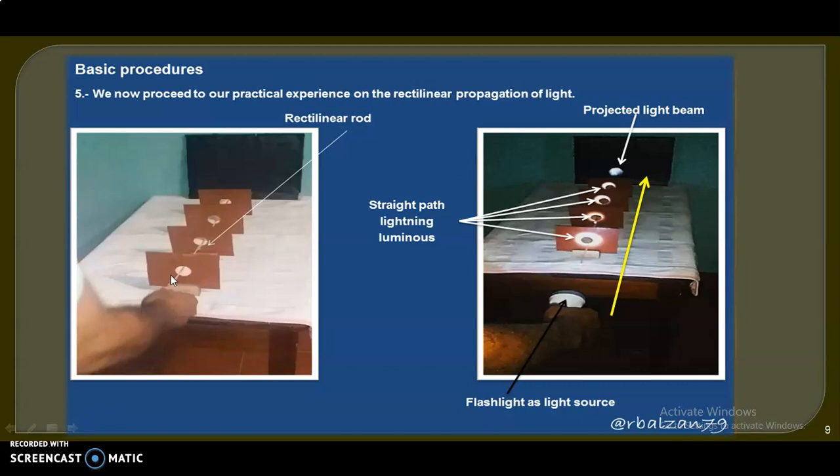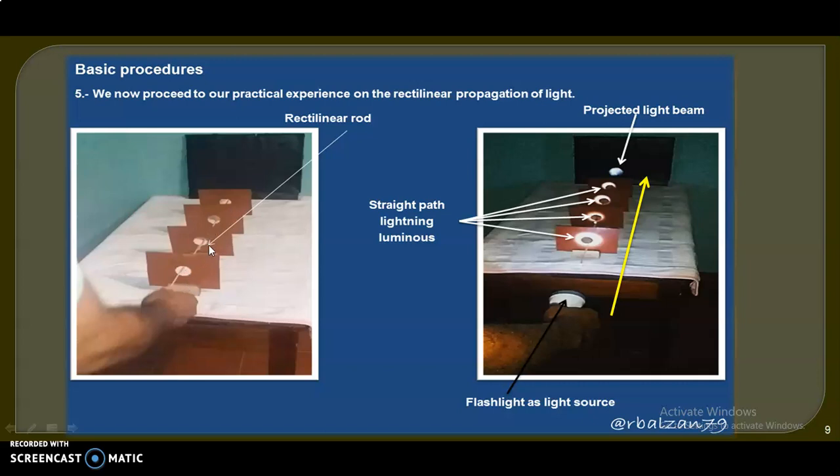Then what we do? We cut out 4 equal pieces from the cardboard. Then with the help of a compass, we draw circles of equal diameter and take out those portions, creating holes of equal diameter on all the 4 boards.